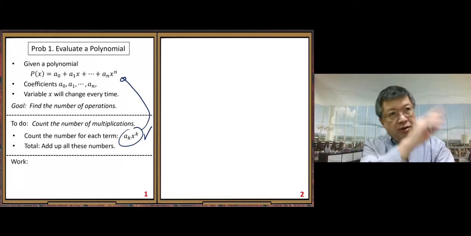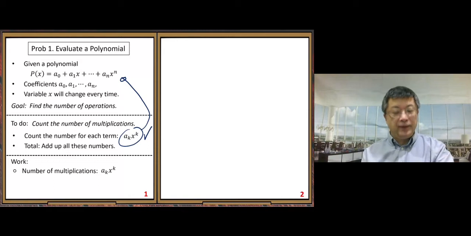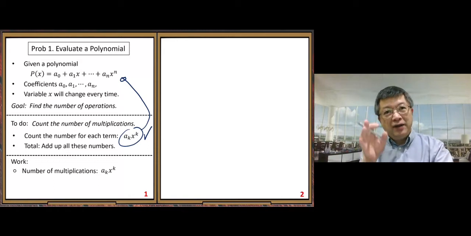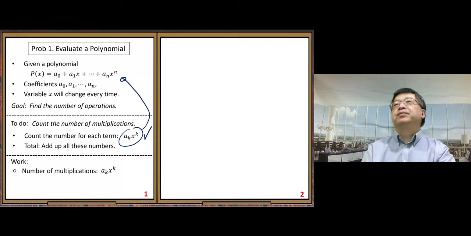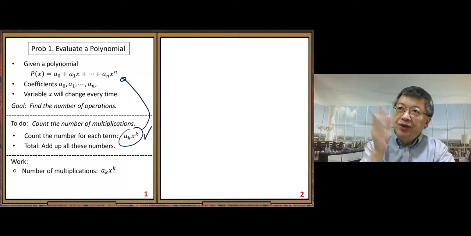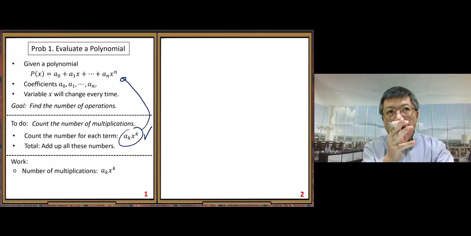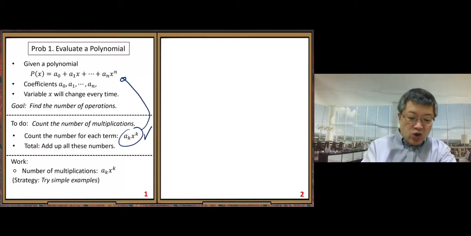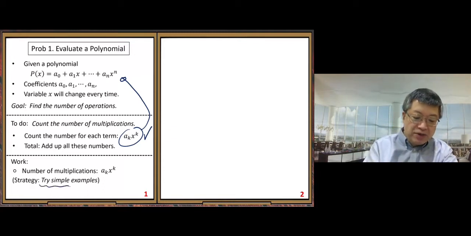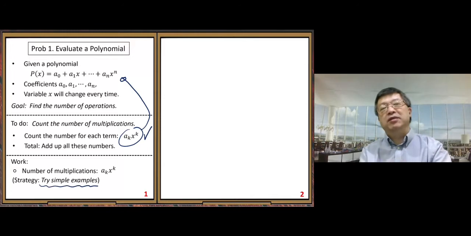Solve a general problem. This one. To count the number of multiplications, here I want to introduce a simple strategy, but it is very useful, very effective, and we will use this strategy many, many times. So what strategy would we like to use here? Try simple examples to get some idea.